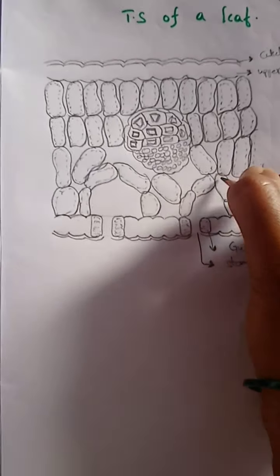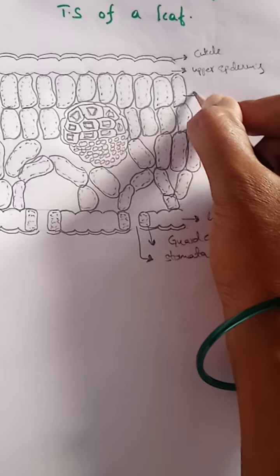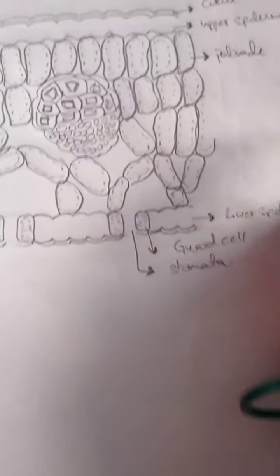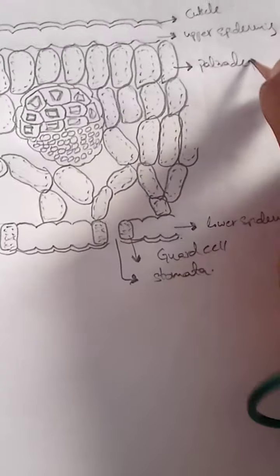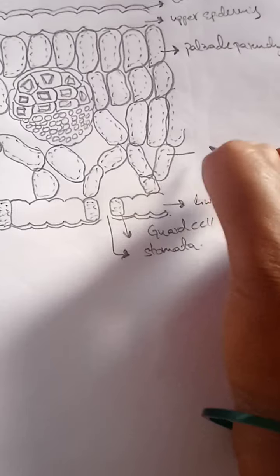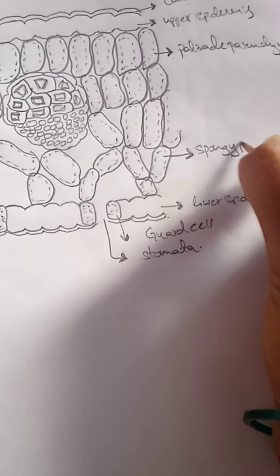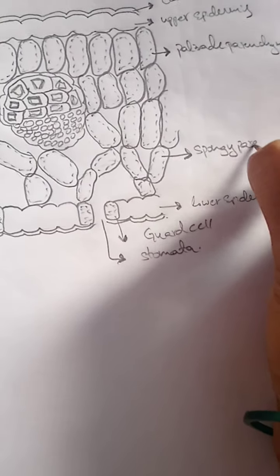Now we'll write down the parts. This is called palisade parenchyma. This is called spongy parenchyma.